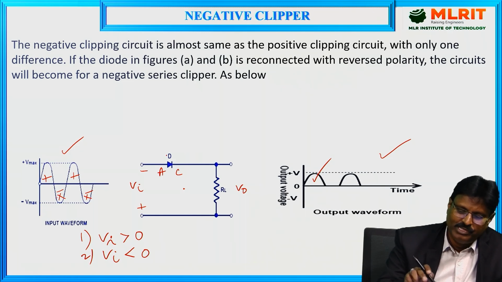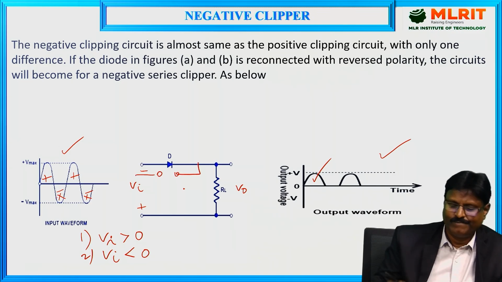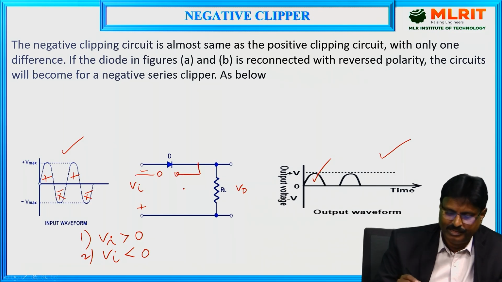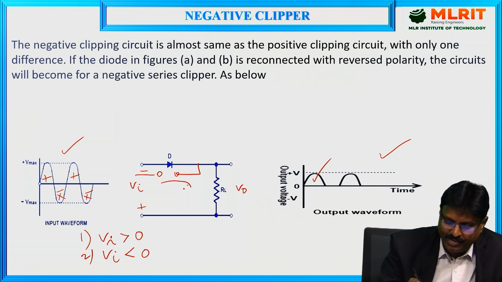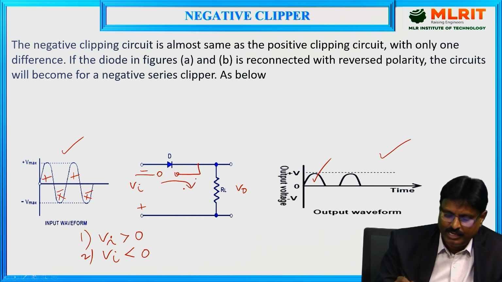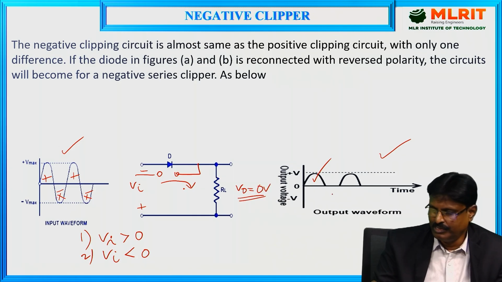Whenever the diode is reverse biased, what happens? It acts like an open circuit. Open circuit means it won't offer any current, and zero current will flow through the load resistance RL in order to produce an output voltage of 0 volts. So that's why in the negative peak the output voltage is 0.